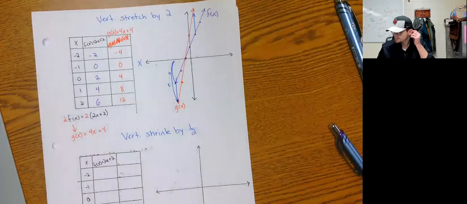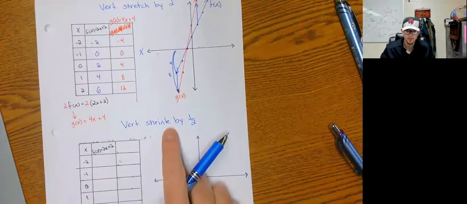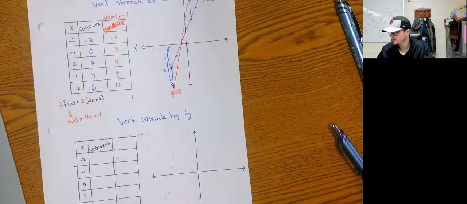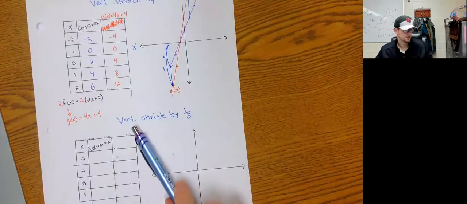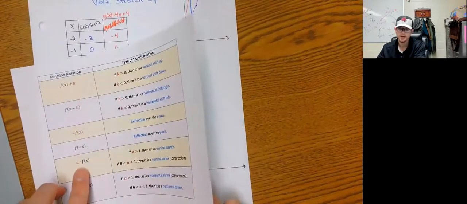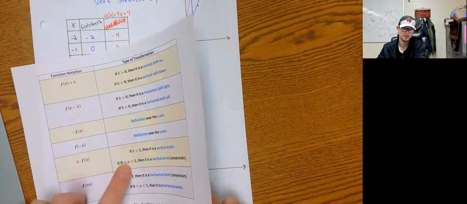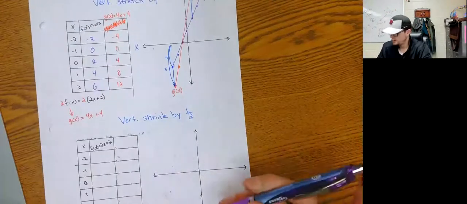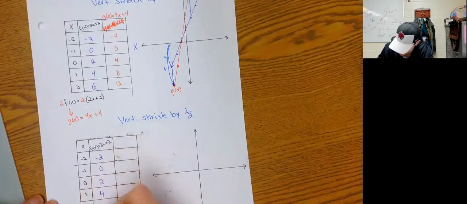All right. Now I'm going to vertically shrink it to be half the distance it was away. It's still vertical, still going to happen to the outside, to the entire function. It just means that a value between 0 and 1 is going to shrink. So this is still -2, 0, 2, 4, 6.